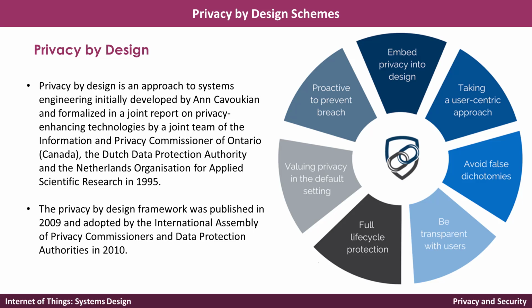Over the next few slides, I would like to talk about 3 different schemes which are quite popular. First, I will talk about the initial privacy by design principles, called foundational principles. Then I will talk about privacy by design strategies, and then privacy by design guidelines.